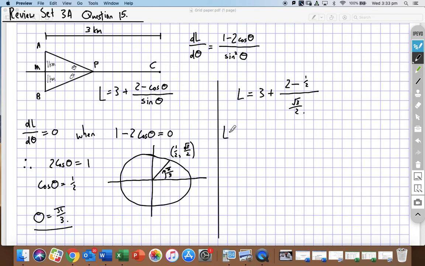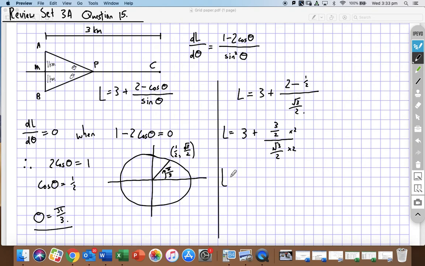So the length equals 3 plus, now this bit here is 3 on 2, 3 on 2, all divided by root 3 on 2. If I times this fraction by 2, top and bottom, what would it become?